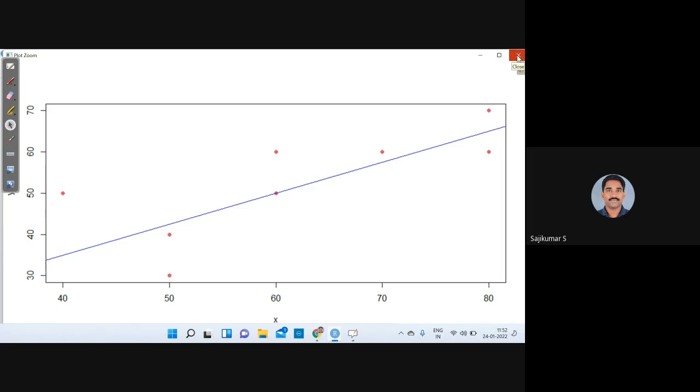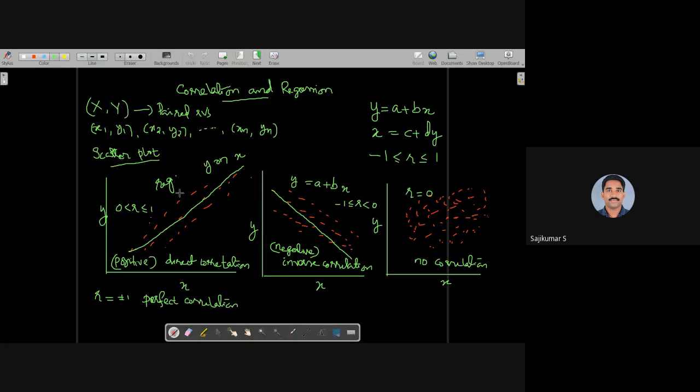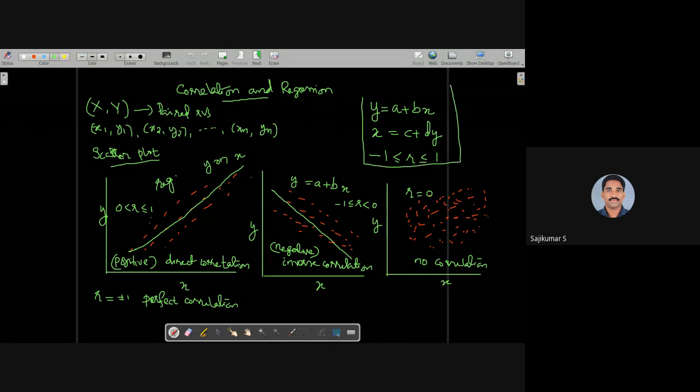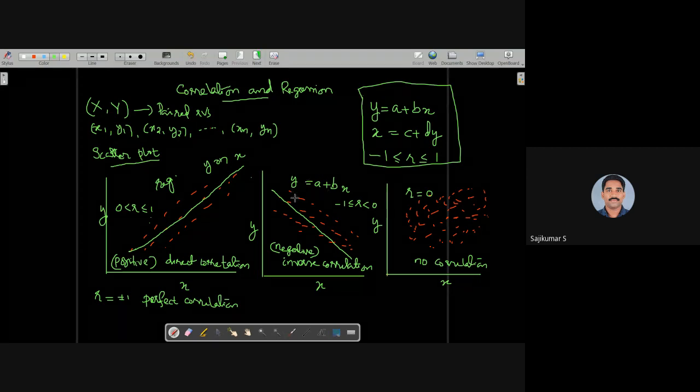In the next class, we will study how to fit a straight line to a given set of data (x1, y1), (x2, y2), etc., (xn, yn), using our principle of least squares. So that is the second part. In the examination, you can expect connected questions.